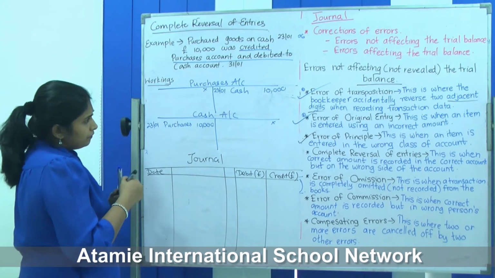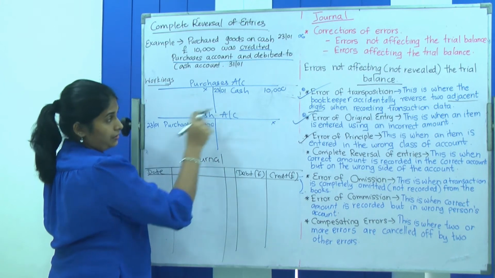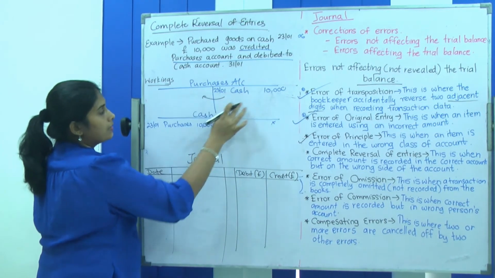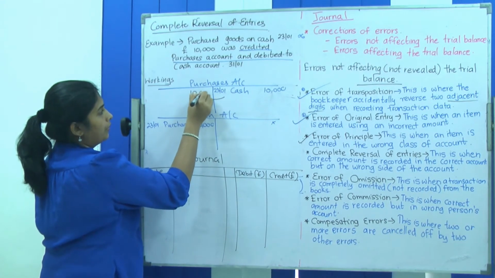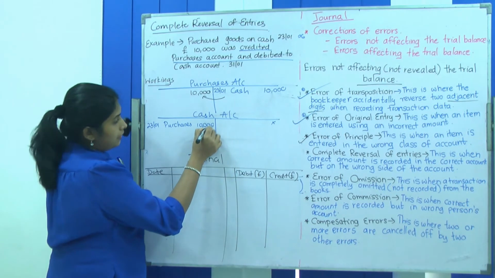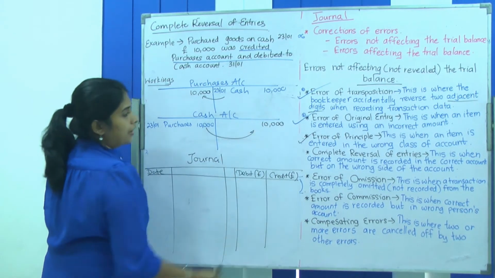So this 10,000 which does not belong to the purchaser's credit side, you have to cancel. To cancel this debit entry of 10,000, you will be crediting 10,000.